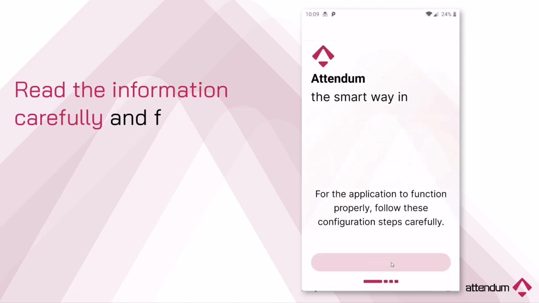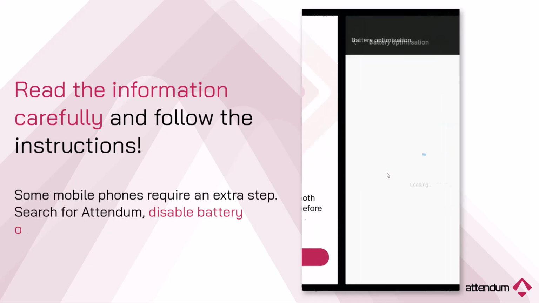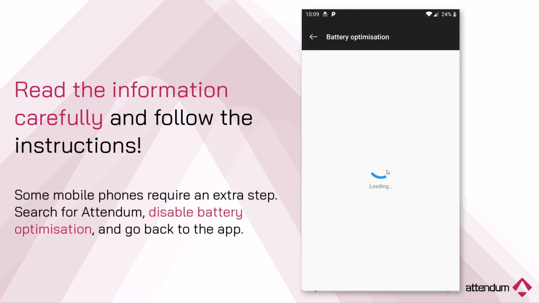Read the information carefully and follow the instructions. Some mobile phones require an extra step. Search for Attendum, disable battery optimization, and go back to the app.